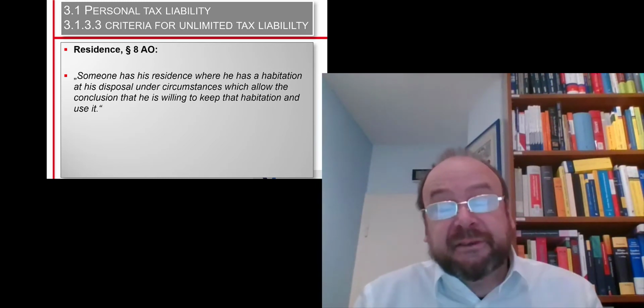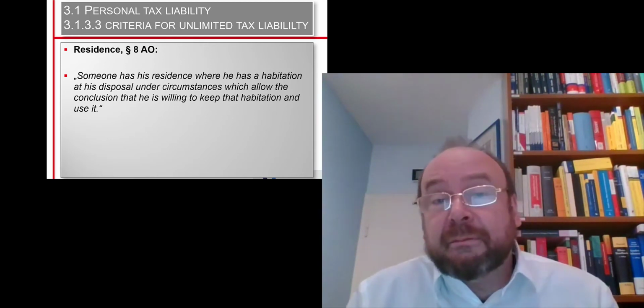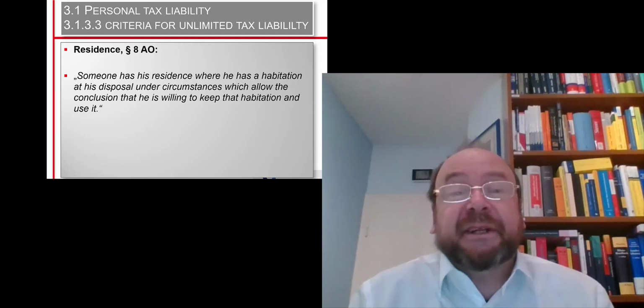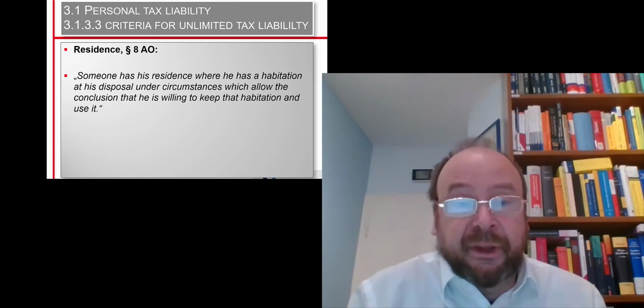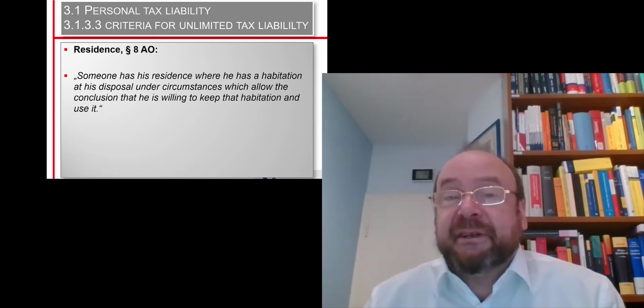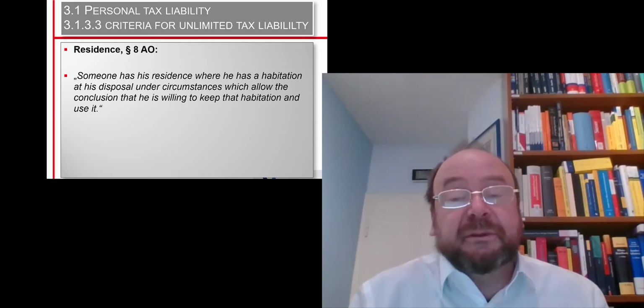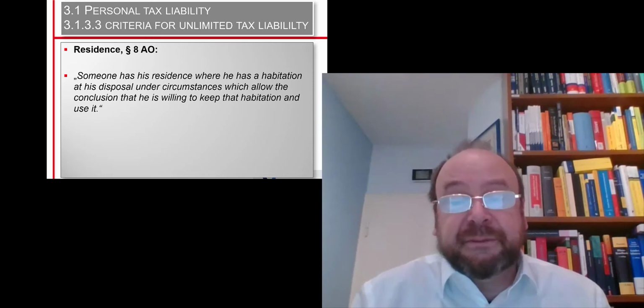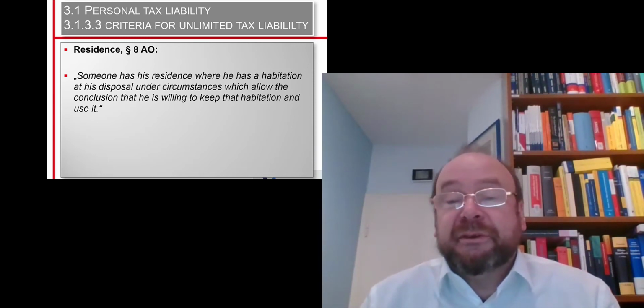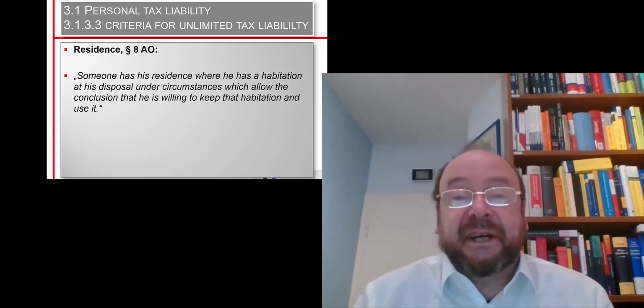So if you rent rooms for an unrestricted period of time, that is evidently establishing a residence at a certain place. If you make a rental contract for 3 years, that would also mean you establish a habitation which you can use, and you want to keep it for a longer time.